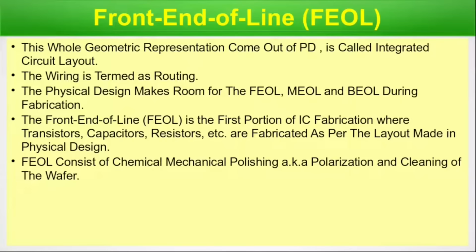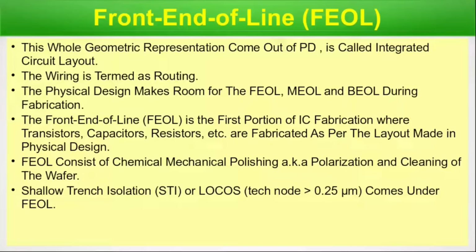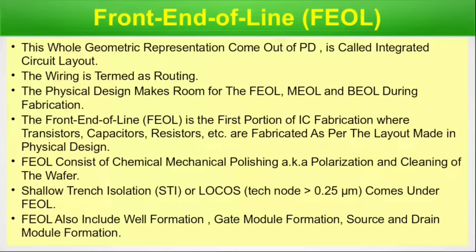FEOL consists of the chemical mechanical polishing, also known as CMP, and cleaning of the wafer. Shallow trench isolation, STI or LOCOS, which is applicable for technology node greater than 0.25 micrometer, comes under the FEOL. FEOL also includes well formation, gate module formation, source and drain module formation. So this gives a clear snapshot of the FEOL. We are done with this particular slide, so let's move on.